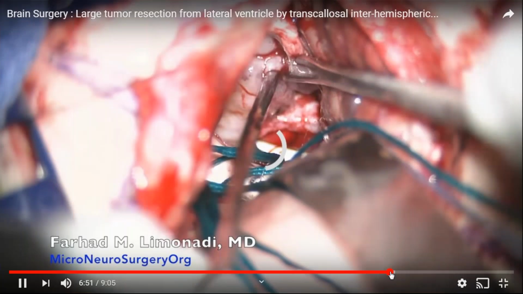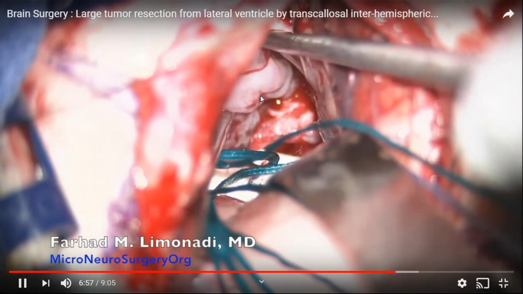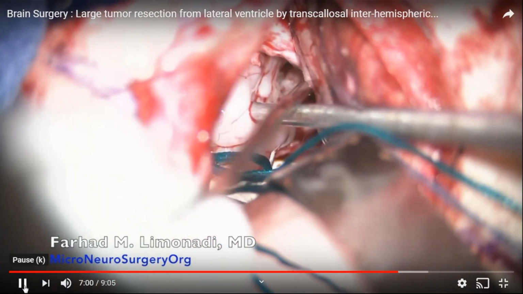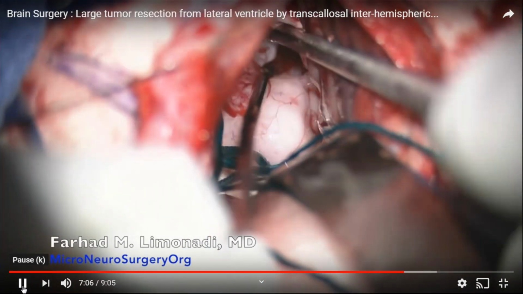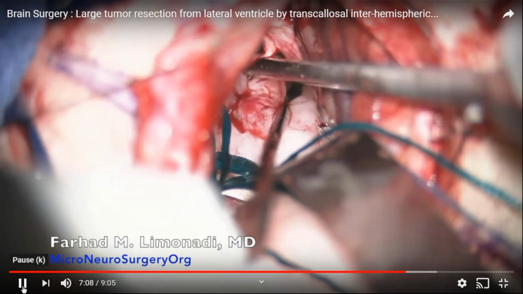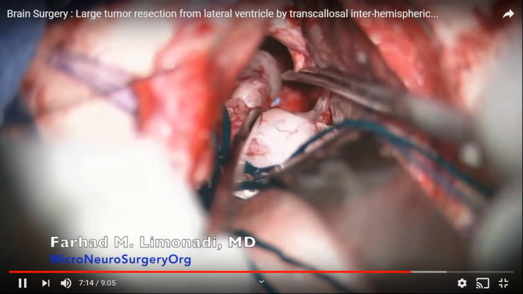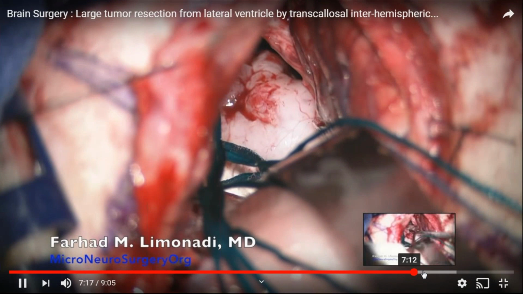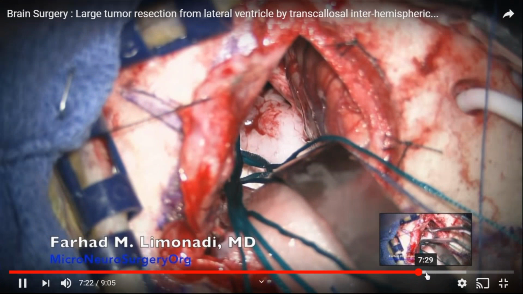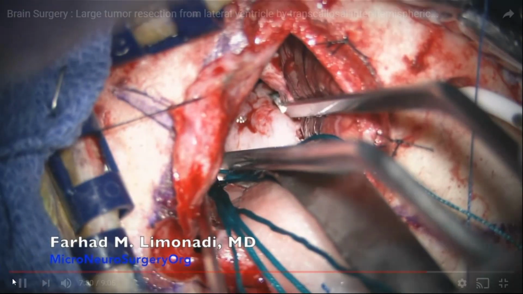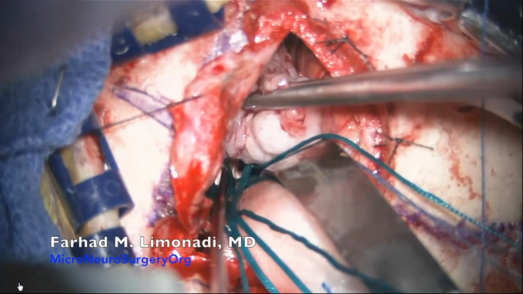Finally they have freed that mass from all the adhesions and connections, so they should be able to take it out. You can see it being delivered out. It was a huge tumor.